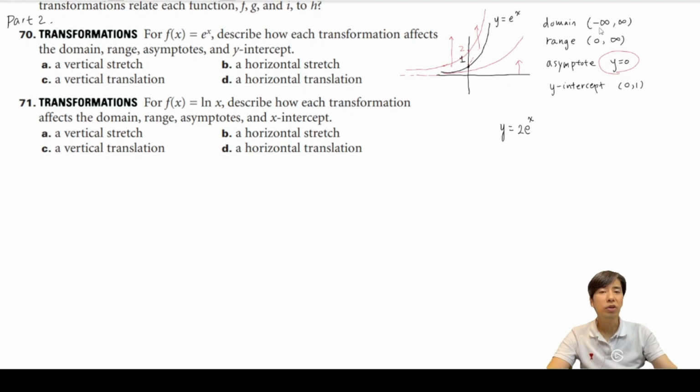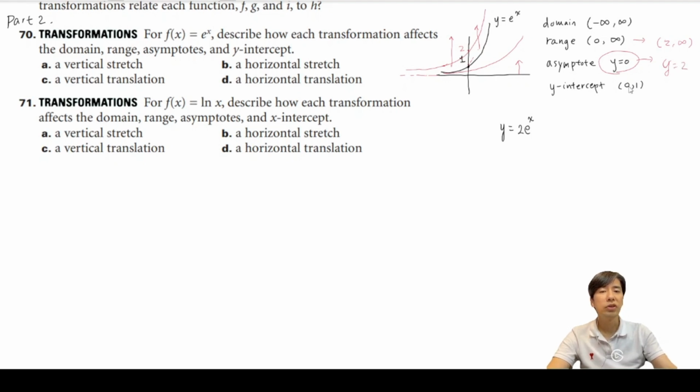The range is not going to go from 0 to infinity, but if you translate it 2 units upward, for example, then the range is from 2 to infinity, okay? And the asymptote becomes y is equal to 2.